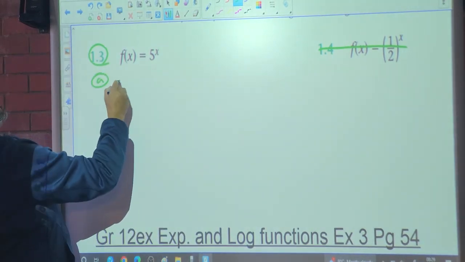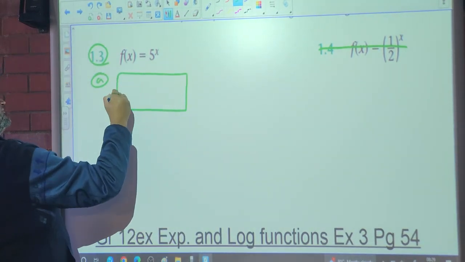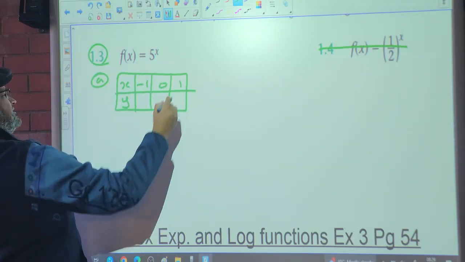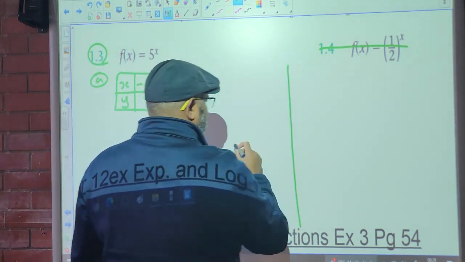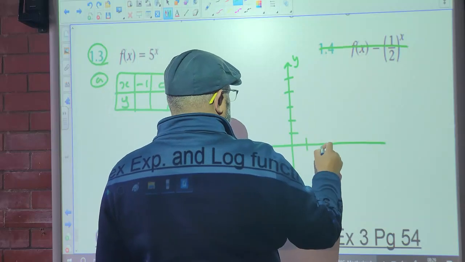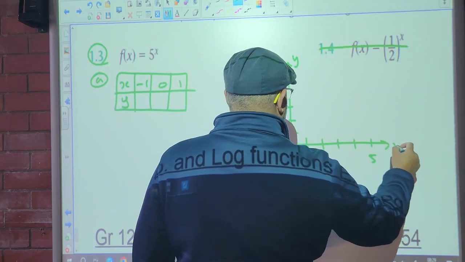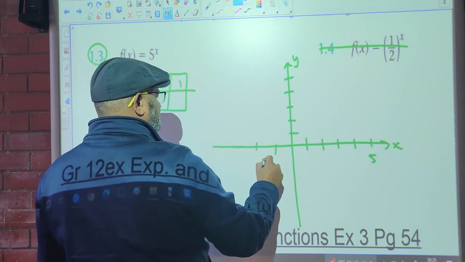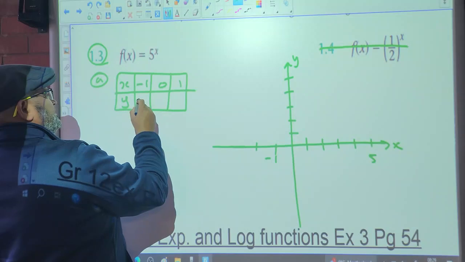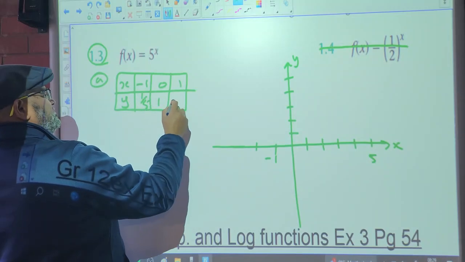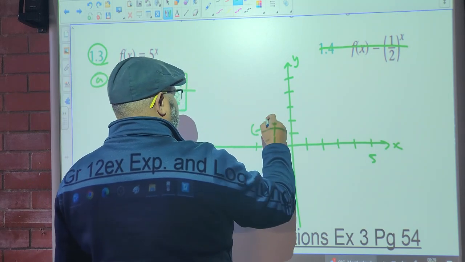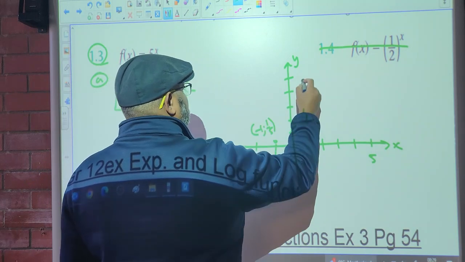I'm going to draw the graph again using the table. The same thing happens all the time, just different numbers. Okay, so if we draw, negative 1 gives you 1 over 5, 0 gives you 1 and 1 gives you 5.